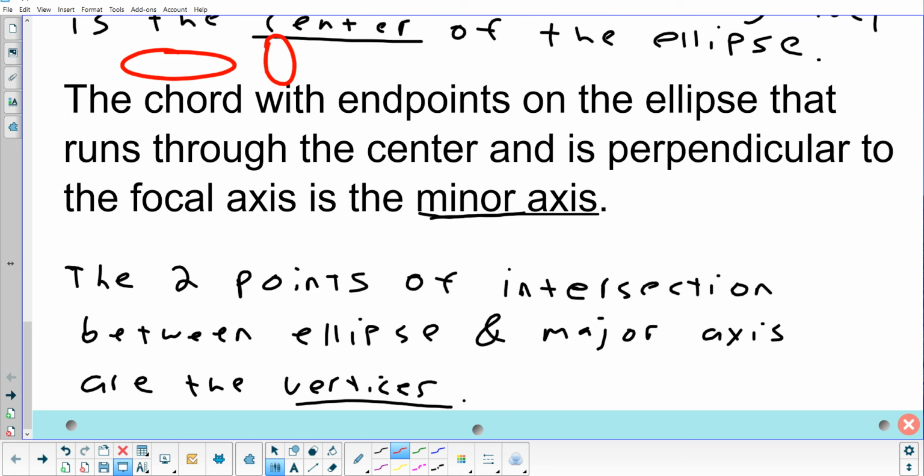And that covers most of the vocabulary, but I know there's a lot there. Major axis, minor axis, focal axis, foci, vertices, center. Any questions on any of those terms?